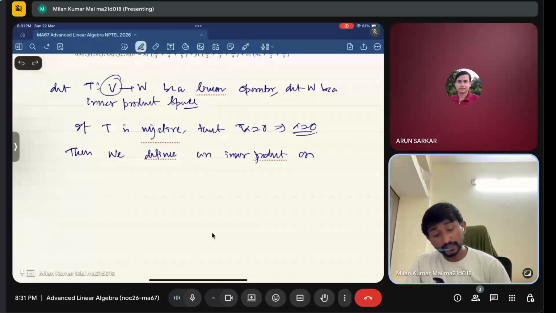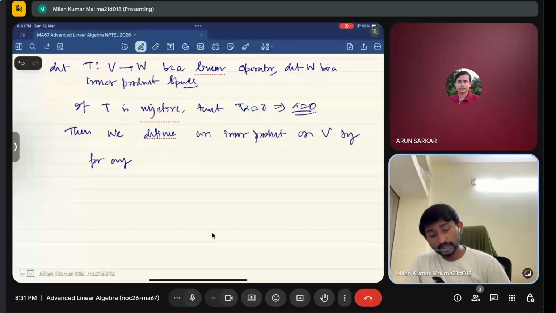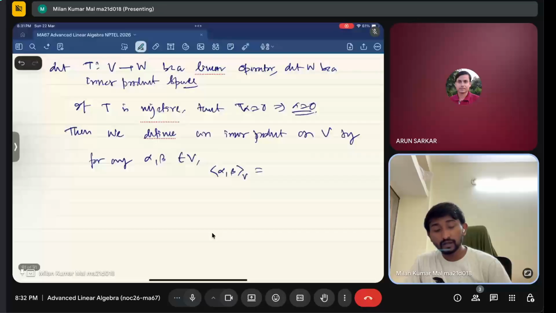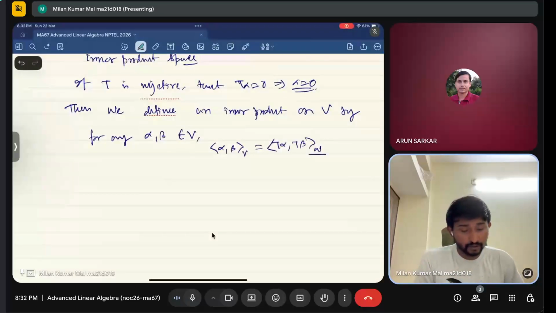On V, for any alpha and beta in the vector space V, the inner product of alpha and beta, indexed by V, is given by the inner product of T alpha and T beta in W. Because T alpha and T beta are elements in W, I can take their inner product in W.